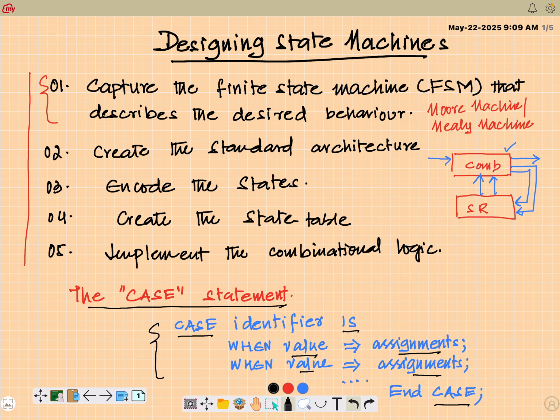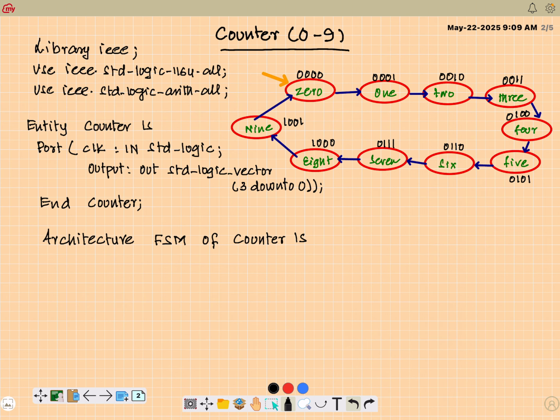Right? So the syntax is simple. It's quite literal. You have an identifier for which multiple cases can exist, and for every case, you will have a particular assignment. Right? So let's quickly take an example of a typical sequential circuit, and let's see how we actually employ this case statement.